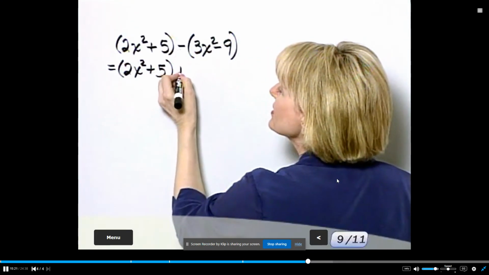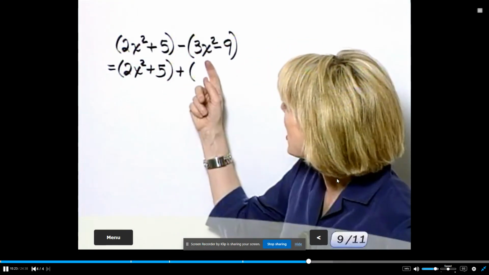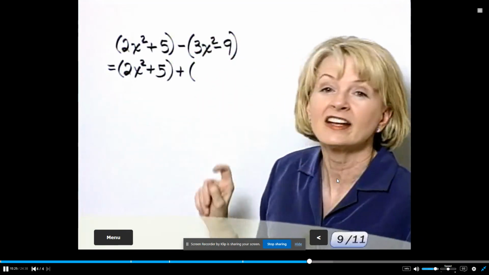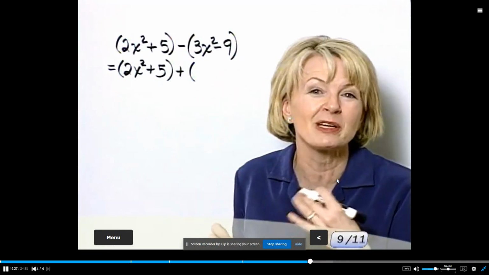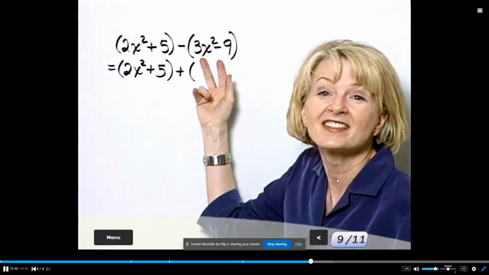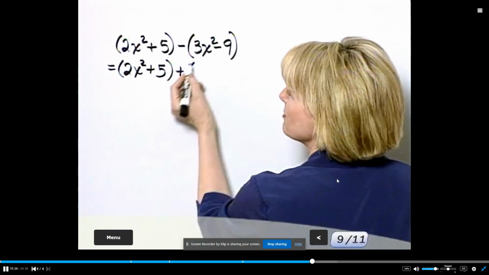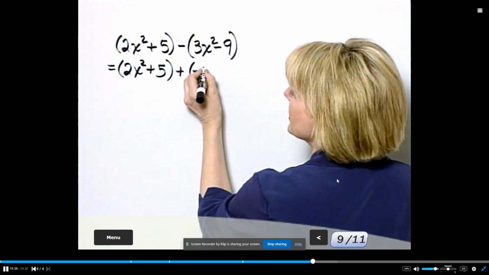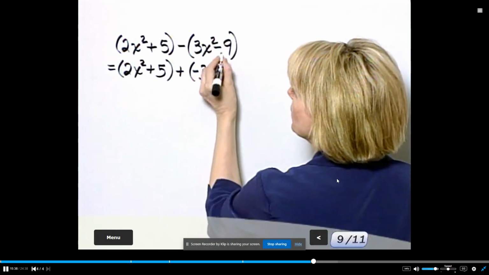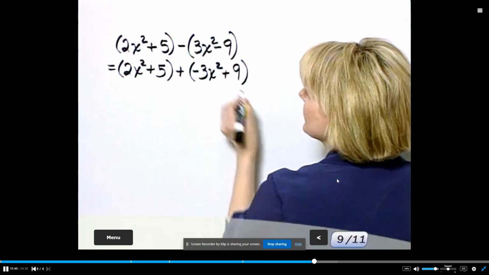I'll change this to addition, and now I'll change the signs of the terms of the polynomial being subtracted, and that's the terms of this polynomial. So here I'm adding, and then I write this as negative 3x squared plus 9.